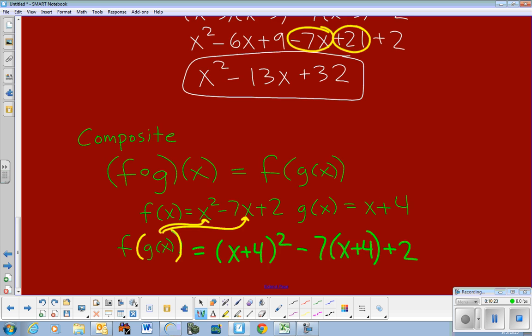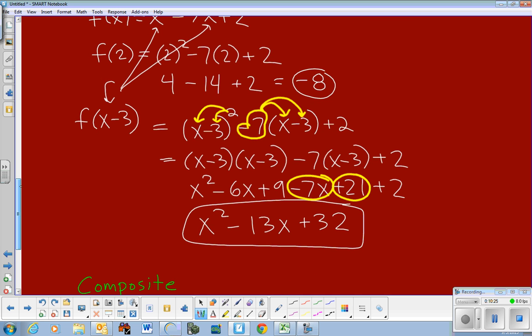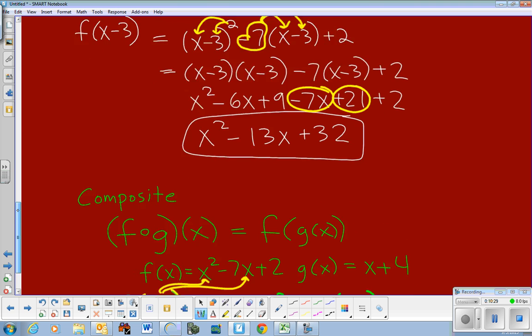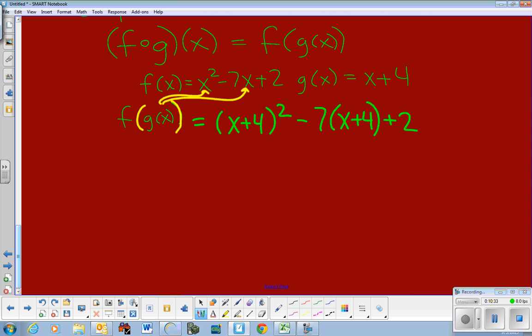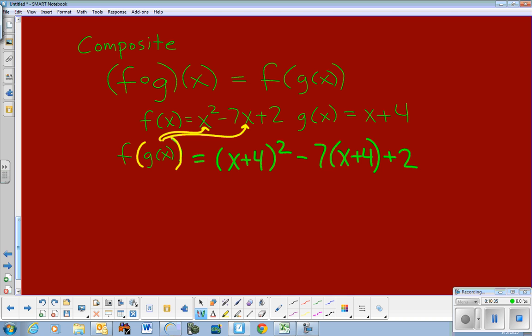So when we did f of x minus 3 a minute ago, this is the same. It's just that we had to figure out what to sub in, and that was a different function, g of x. Okay, so make sure you understand f of g of x. It's a new function that's created by taking g and substituting it in here and here. All right, so let's multiply this thing out. Never distribute a square.